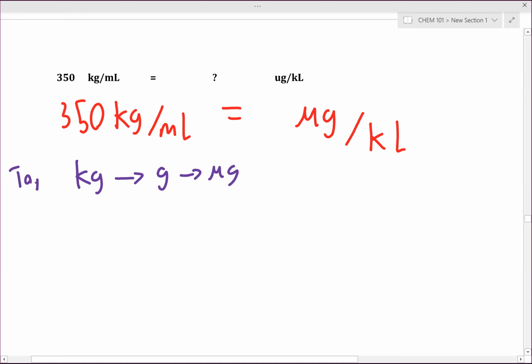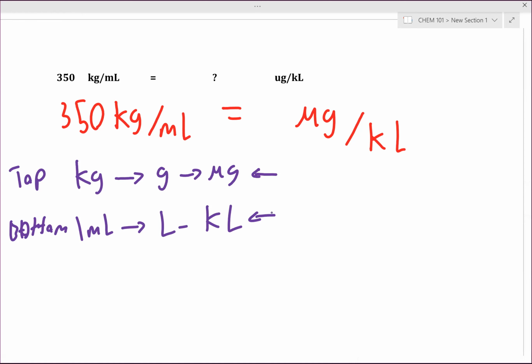This is on the top. And then on the bottom, you're going from 1 milliliter to liter to kiloliter. In the end, all you do is take the result from the top and divide it by the result from the bottom. This method is fine for now, but I really want you to get in the habit of setting up conversion factors for these composite units. And that's what I will showcase right now.